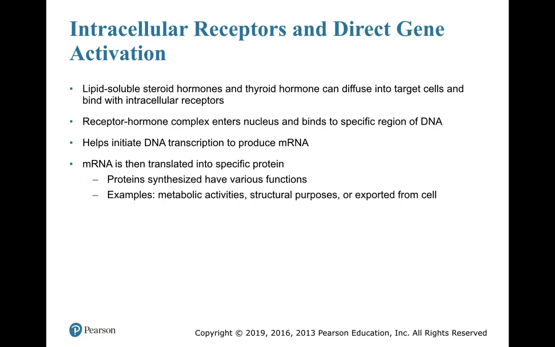The other type of hormones are those that get into the cell and turn on genes directly. Those lipid-soluble steroid hormones and thyroid hormones diffuse into the target cells and bind with intracellular receptors. The receptor-hormone complex would then enter the nucleus and bind to a region of the DNA, and that causes that piece of DNA to become transcribed, or copied, into messenger RNA, and messenger RNA is the instructions to build specific proteins.